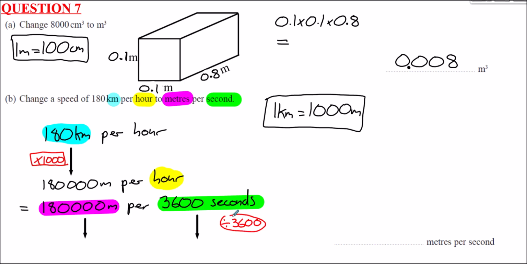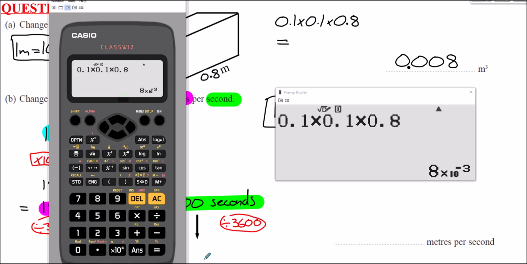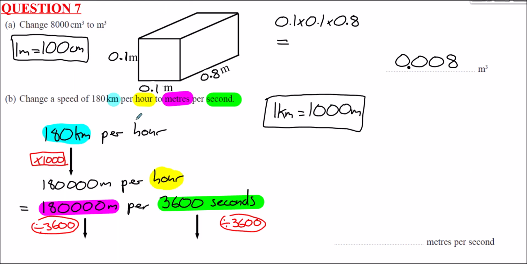So divide this one by 3,600 too. That will give me 180,000 divided by 3,600, which is 50. So 50 meters per second.